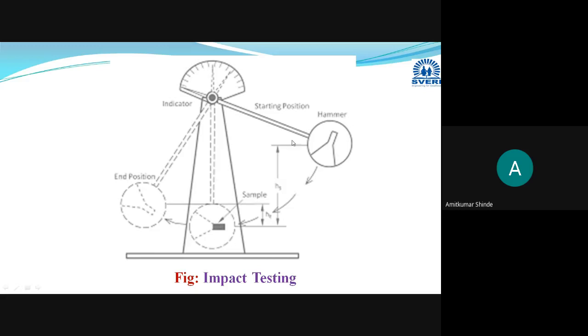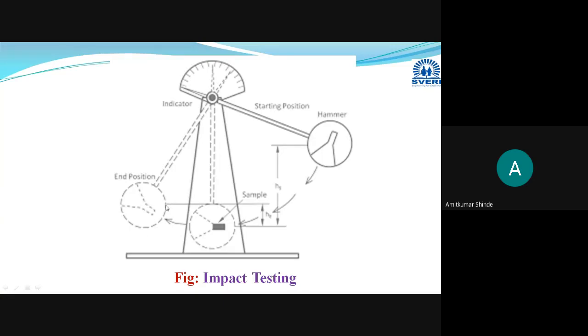Initially the hammer will be at a particular position, which will be marked as the starting position, and we are going to check the height of that pendulum or hammer. Then we are going to release it, and a sudden impact will be created on that specimen, and it will get fractured. We are going to take the swing position, or you can say the end position, of that particular hammer.